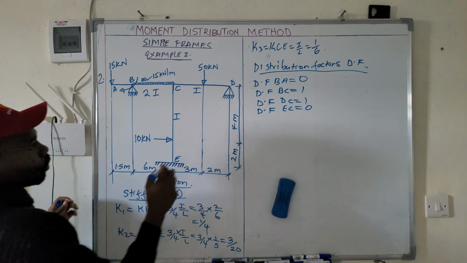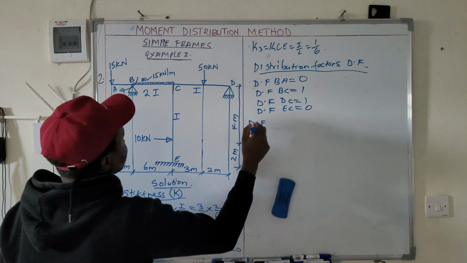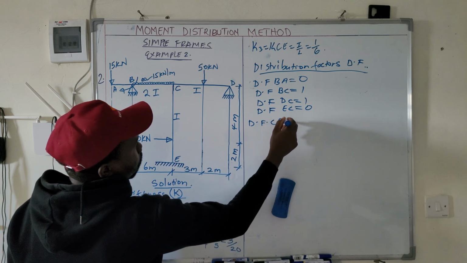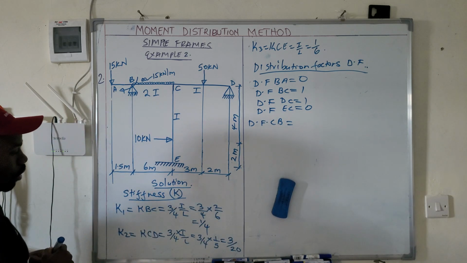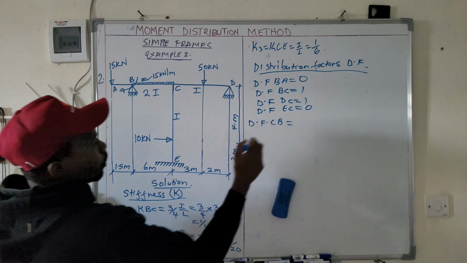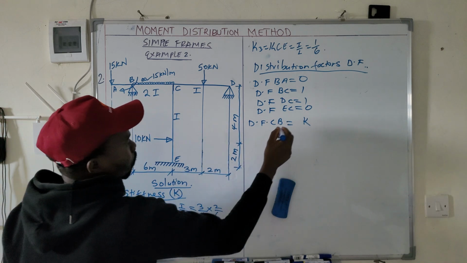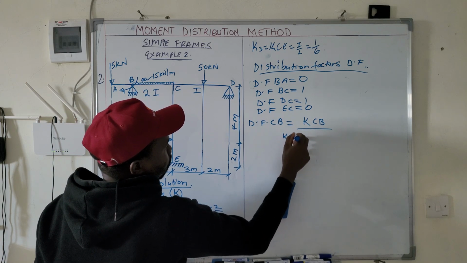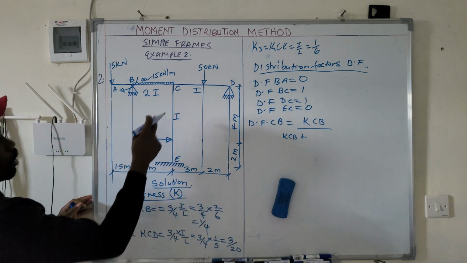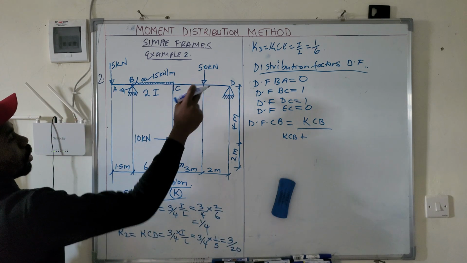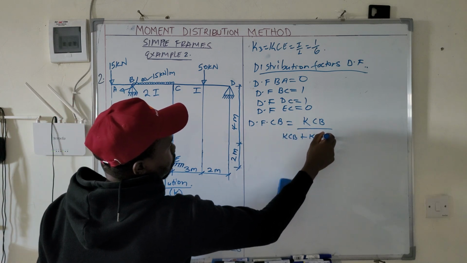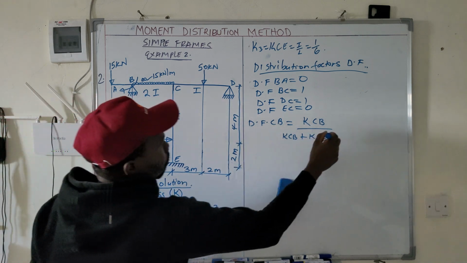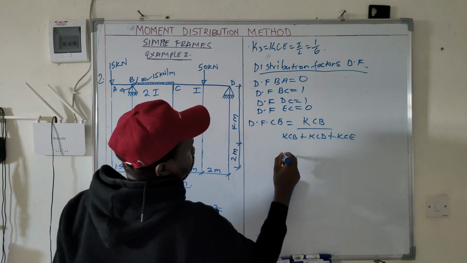We proceed to distribution factor CB. CB will be KCB over KCB plus KCD plus KCE.